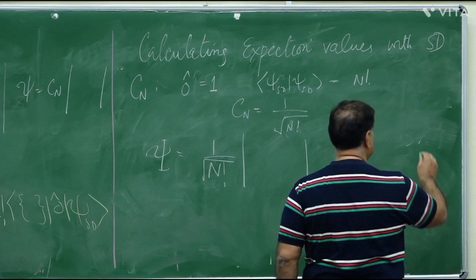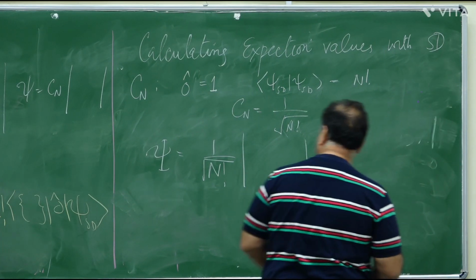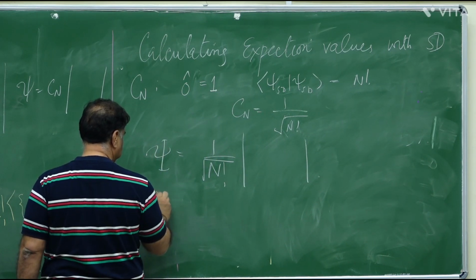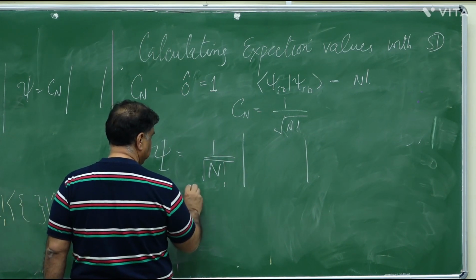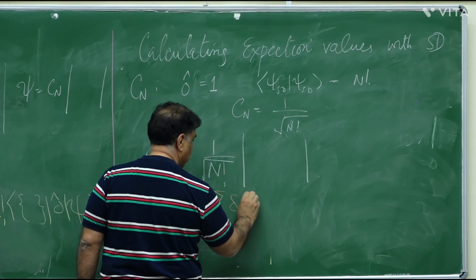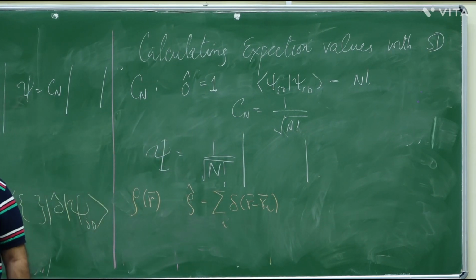That will work. And you change the color. So, the density operator, summation over i, delta of r minus ri. Is that okay?